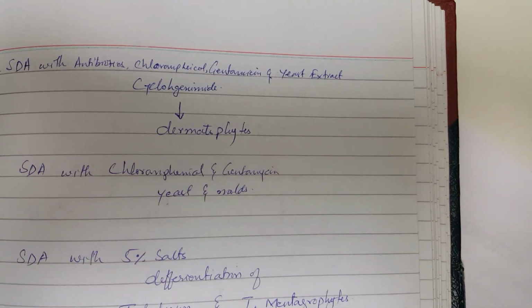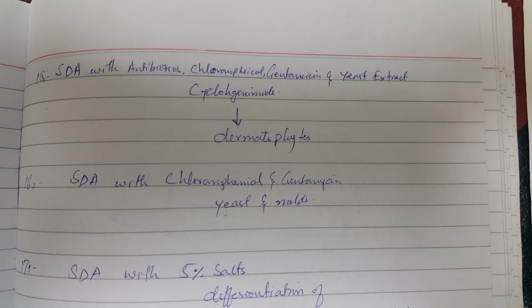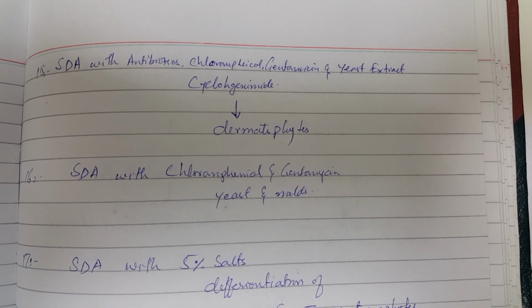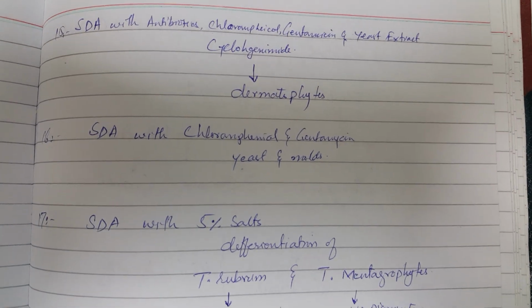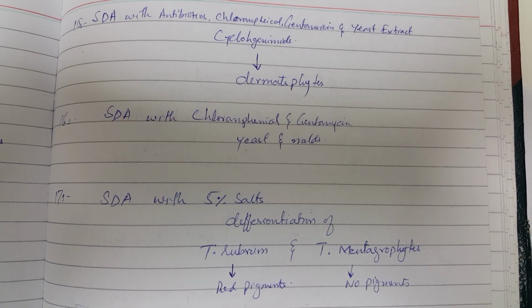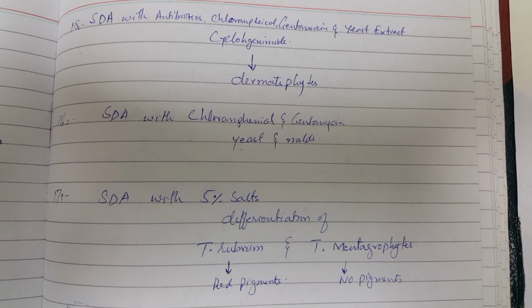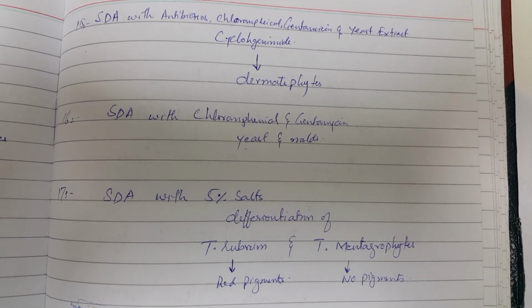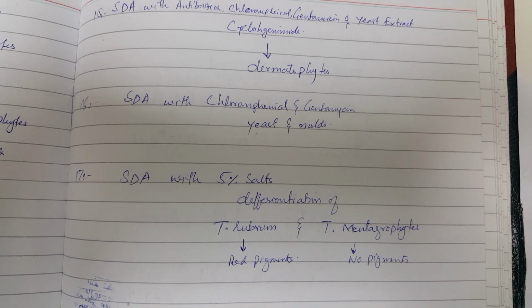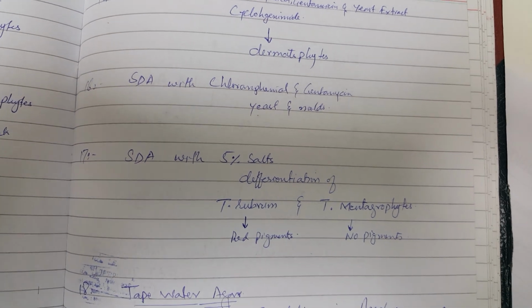SDA with antibiotics, chloramphenicol, gentamicin, yeast extract and cycloheximide is used for the dermatophytes. SDA with chloramphenicol, gentamicin and yeast is used for yeast and mold without the cycloheximide, because cycloheximide also inhibits some of the molds and yeast forms of the fungi.